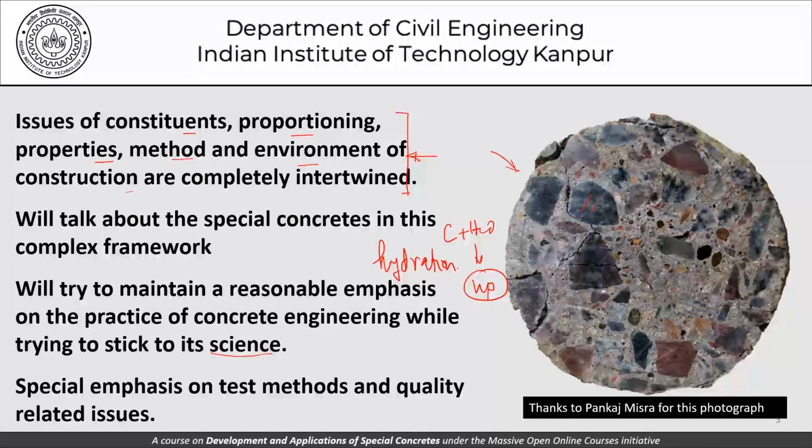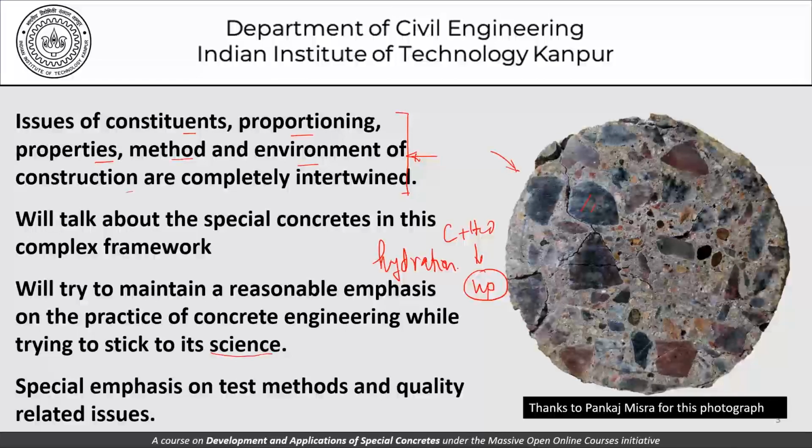So we need to understand what is different in those concretes from normal concrete, and then figure out what special methods we need to adopt, and what special things we need to do in order to carry out the right kind of tests and have the right kind of protocol for quality control in place.